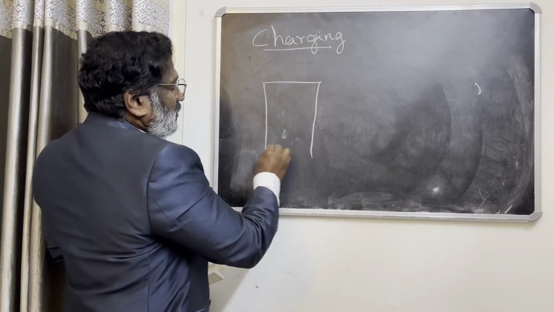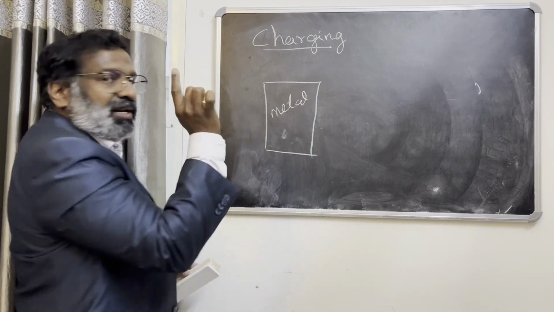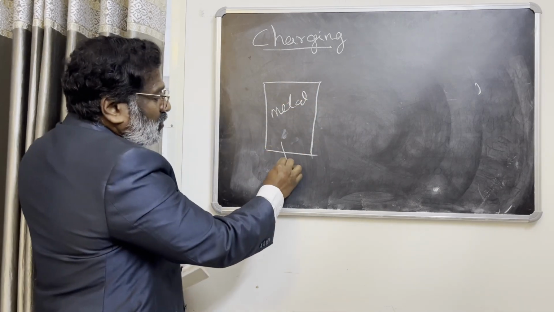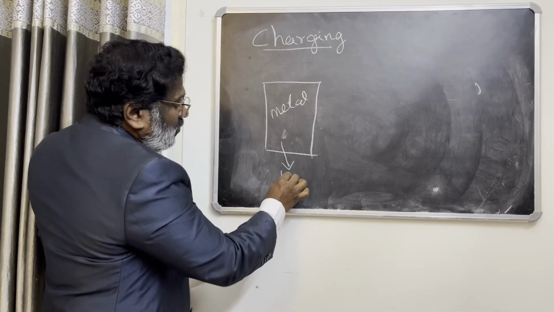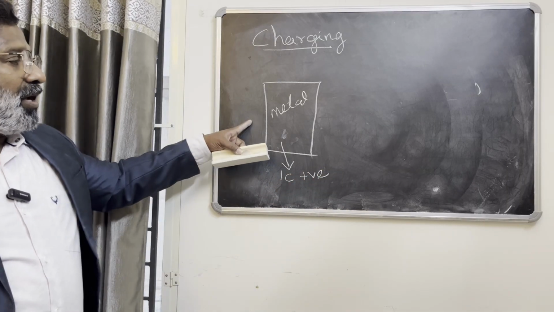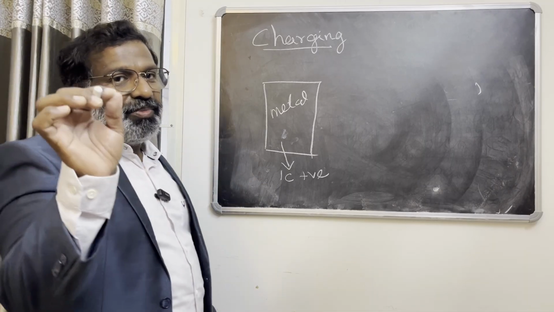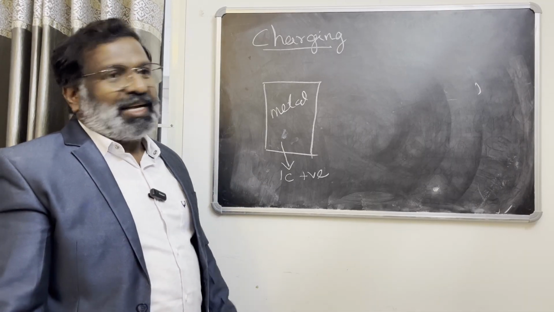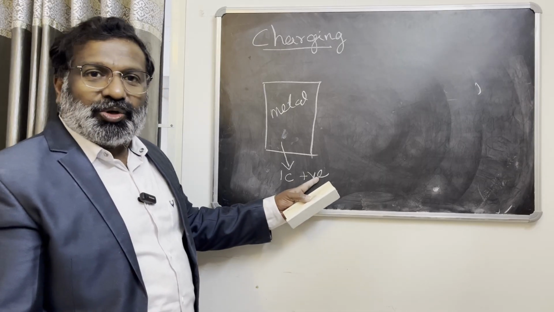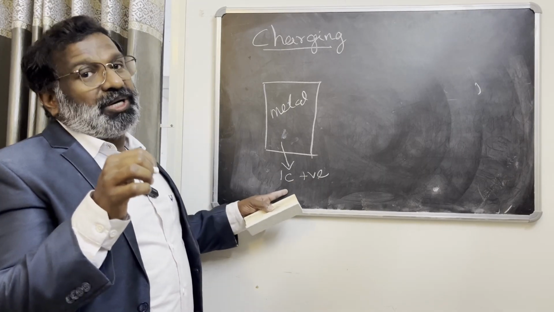Same metal. My requirement is to charge it to 1 Coulomb positive. I want to charge this metal to 1 Coulomb positive. Can you tell me what we have to do? As I told you earlier, if you want to charge it positive, we have to remove electrons. But we want to charge it to 1 Coulomb positive.